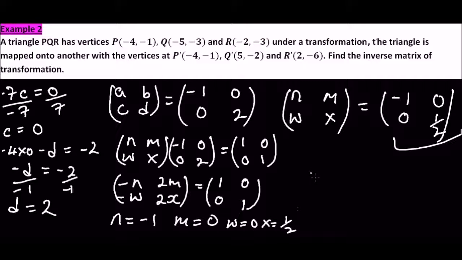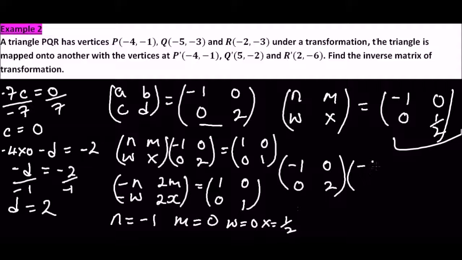But we can go ahead and show that actually this is the inverse matrix by multiplying the two matrices, that is our transformation matrix and our inverse matrix, and see whether we'll be able to get the identity matrix. So let's see whether we are correct. So we say it is minus 1 0 0 2, that is the transformation matrix.